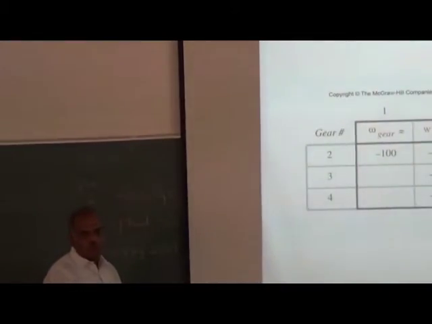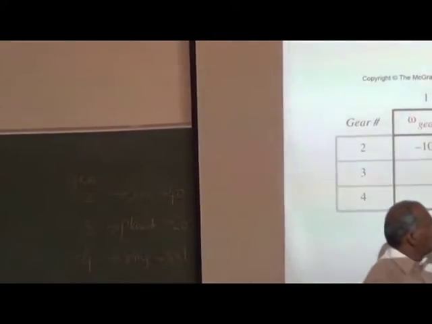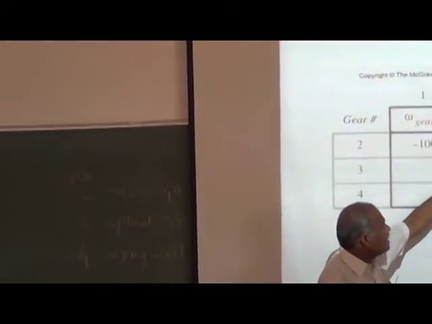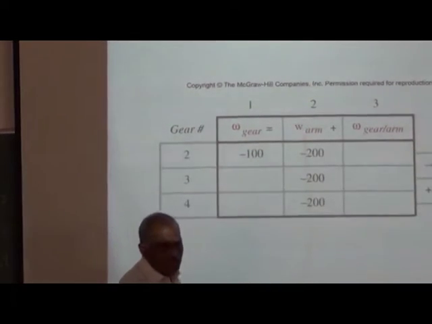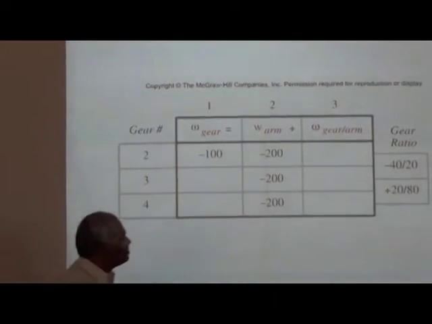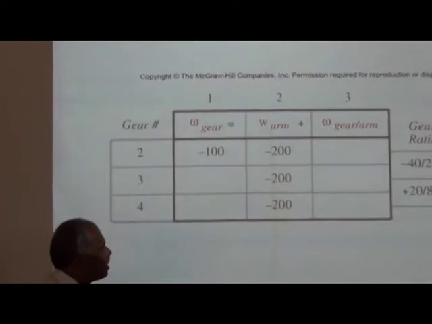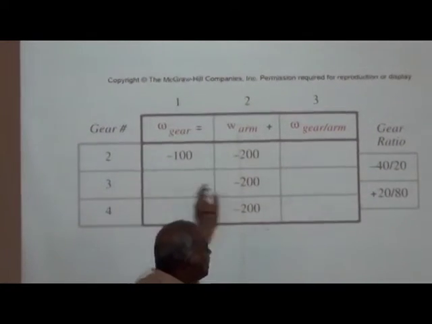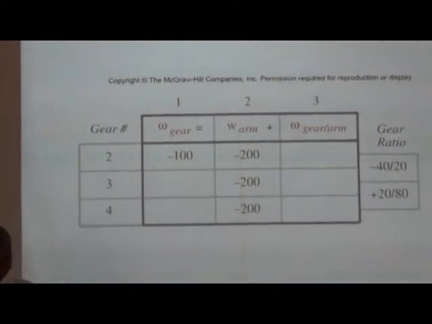Now, how to proceed is that this equation we can fill up, because minus 100 is equal to minus 200, then this must be plus 100. So here we can say this is plus 100. Once this is plus 100, this gear ratio between 2 and 3 is minus 2.